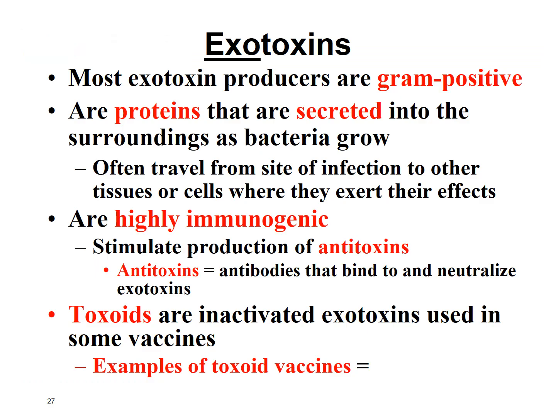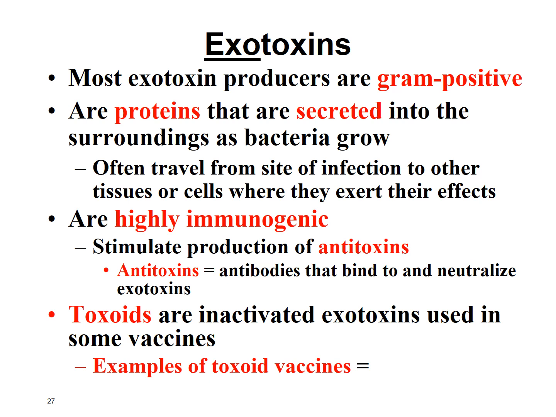So we're going to look a little bit more closely at exotoxins. So these are proteins that are going to be secreted by mostly gram-positive bacteria to the outside of the bacteria. They're very highly immunogenic, which means they really stimulate the immune system. So the immune system will really come after these.